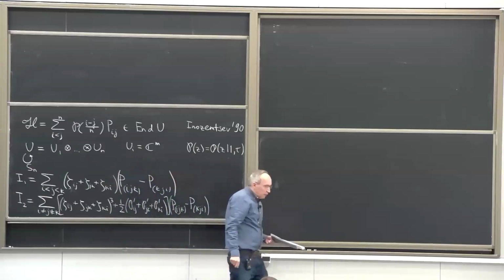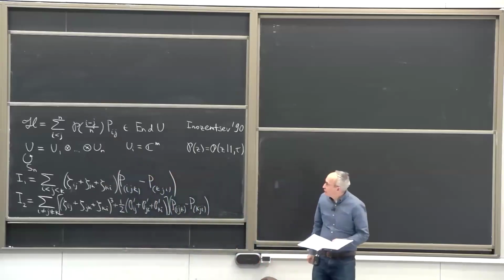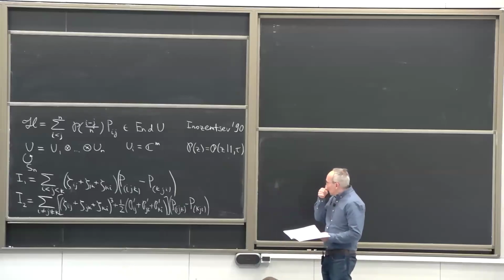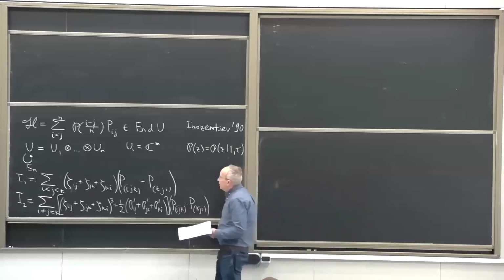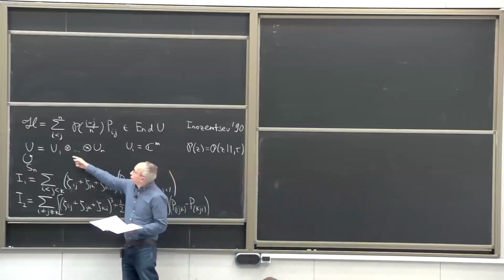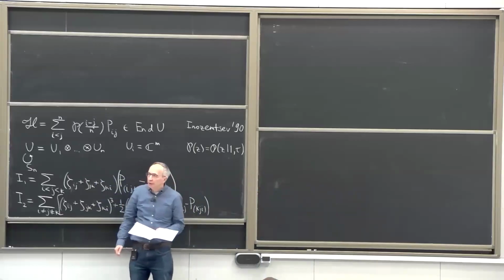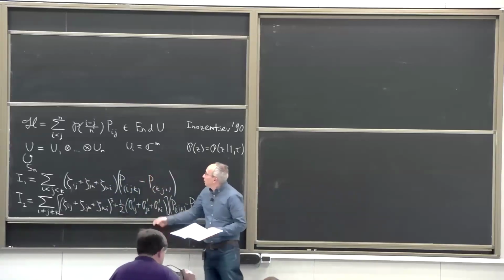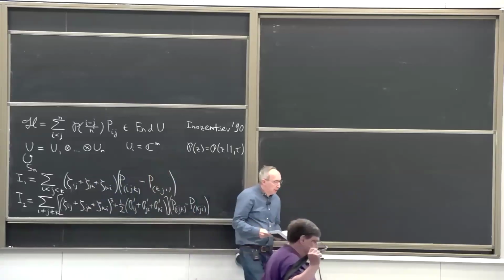You think of this as acting on the space U, which is a product of n copies of some, say, finite dimensional space C^M.